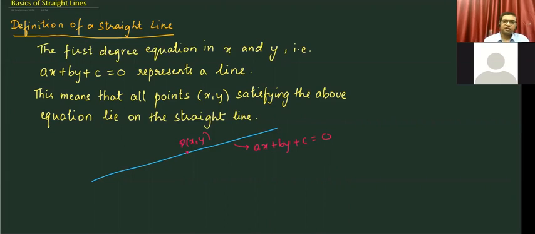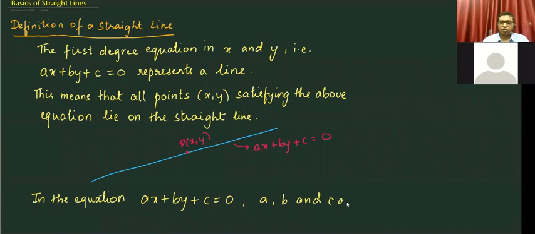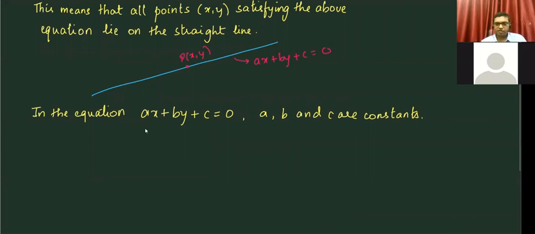Now, in this equation ax plus by plus c equal to 0, a, b, and c are constants. They are dependent constants, not independent constants, because the right side is 0.